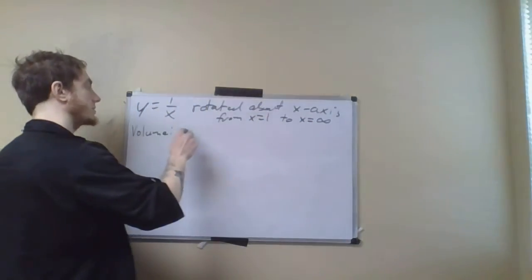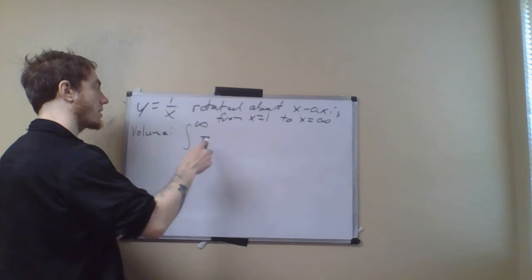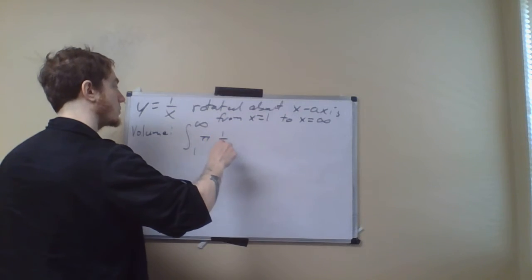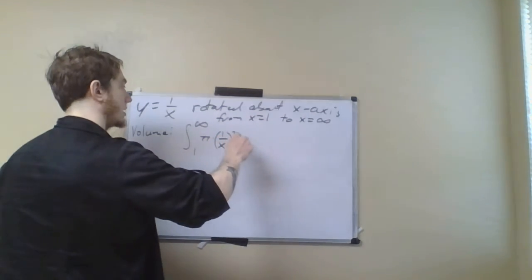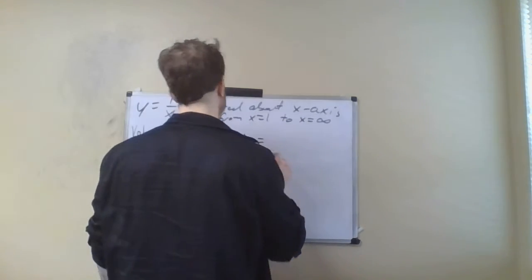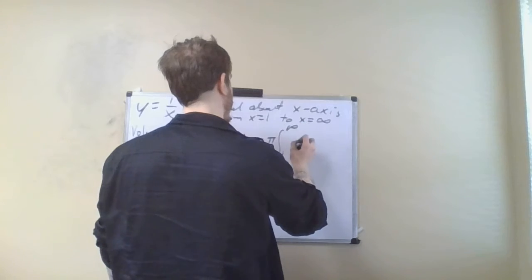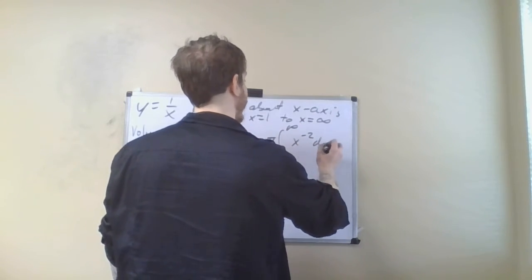So the volume here is going to be the integral from 1 up to infinity of pi r squared, which is pi times 1 over x squared dx. So this is going to be pi times the integral from 1 to infinity of x to the -2 dx.